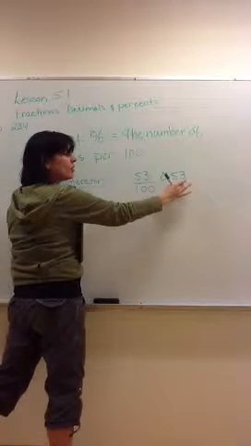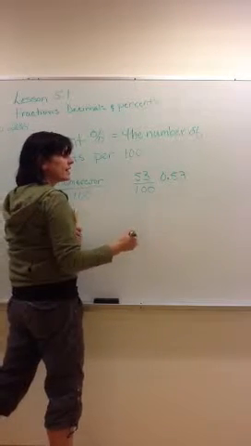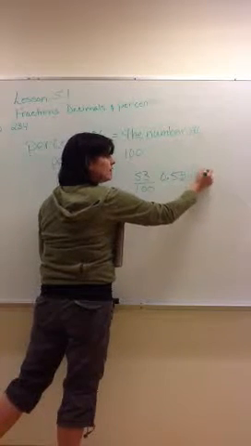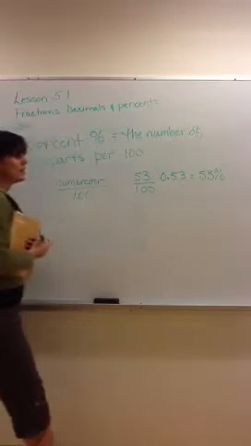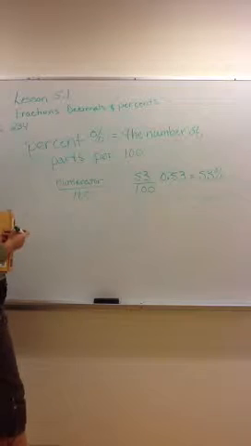This is the 10th column, this is the 100th column. And then if we wanted to write that as a percent, we would simply write 53%, because it's over 100. So that's the format that we're going to write our percent in.